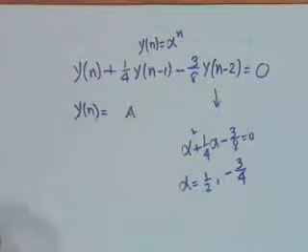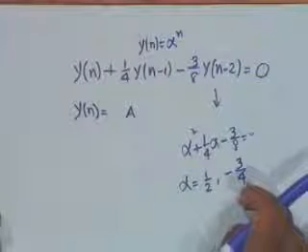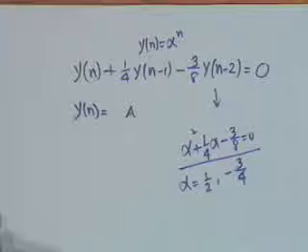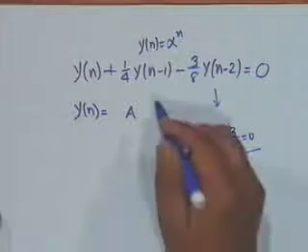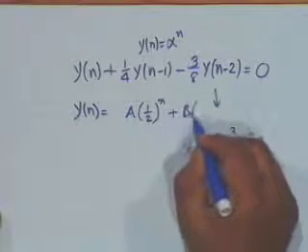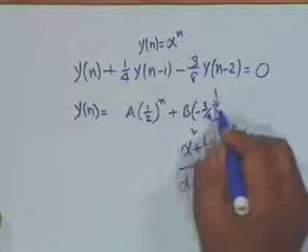I do not know how 2 came, but 2 figured in many answers, that one of the possible values of alpha is equal to 2. There are also mistakes about the signs. Well, it's a quadratic equation, and I expect that you will be able to solve it correctly. And therefore, the solution is A times (1/2) to the n plus B times (minus 3/4) to the power n.